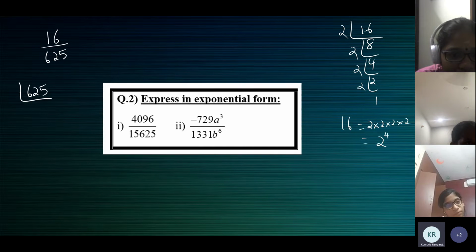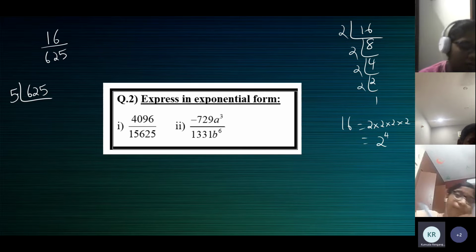625 is not divisible by 2, and not divisible by 3. So we try 5. It's not that we write 5 only because we'll get the correct answer; we try only prime numbers.